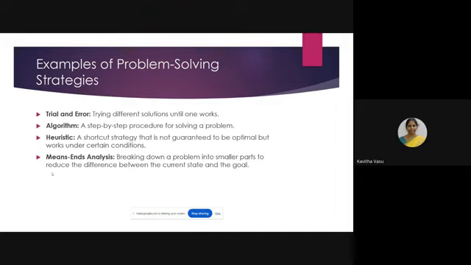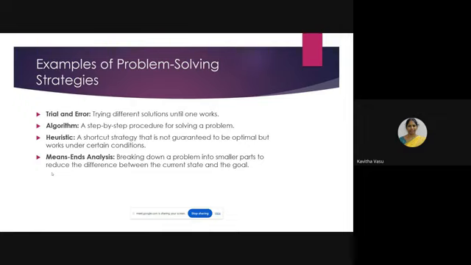Trial and error means we just apply one concept and check how it works, whether it gives a good result or a bad result. It involves trying multiple solutions until one works. It's straightforward but can be time-consuming. Whether the result is good or bad, we don't know. We're just applying some common method.